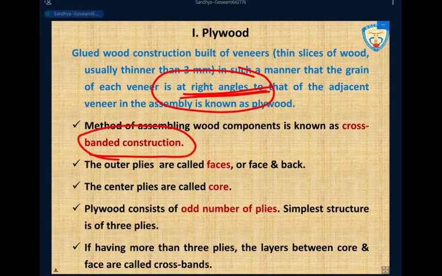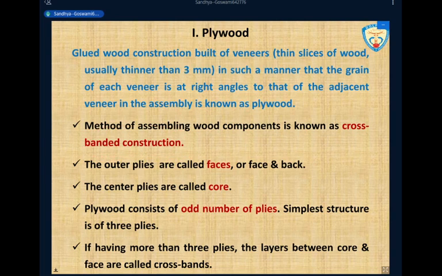The veneer on the outermost side is named as face. So the one that is facing you, you can call it face. The other face on the back side, you can also call it back. Both will be correct terms. Then the center ply is named as core, right? The ply at the center will be named as core.